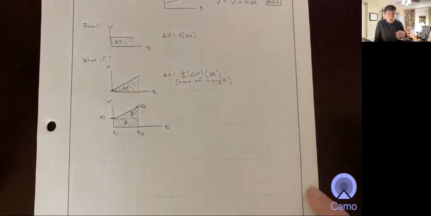So I've got two areas. I've got area A and area B. The total displacement is the area of A plus the area of B. So let's do that. Displacement A is the initial velocity times whatever that time interval is.